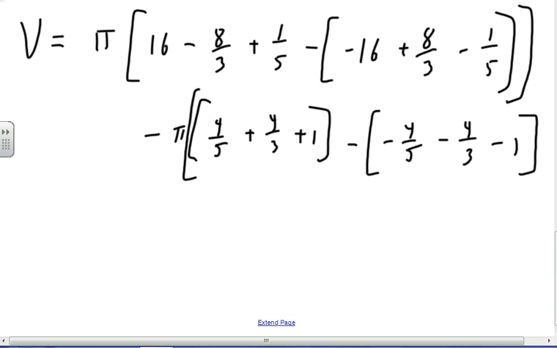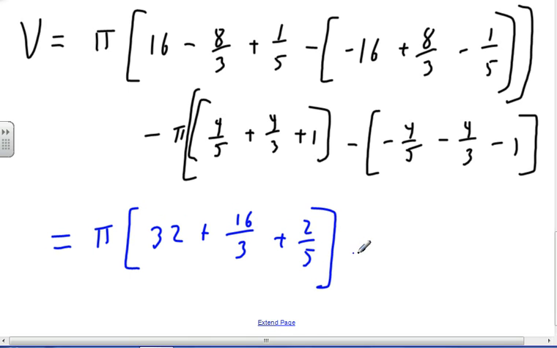All right, at that point I don't have my calculator, but I'd just put it in my calculator if I was going to do it. So I've got 1/5 minus a minus, so I got 2/5. So I got 32 plus 16 thirds plus 2/5 minus pi times 8/5 plus 8 thirds plus 2.